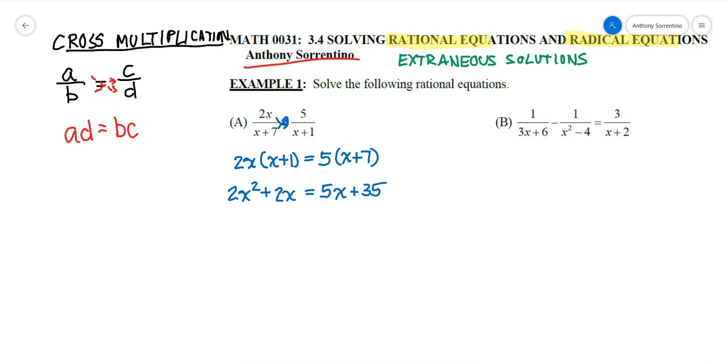I do have a degree 2, and it's a non-basic one because I also have x terms in here that are going to stick around. They're not going to cancel out with anything. At this point, I would have to make a decision, which method do I eventually want to use? Do I want to use factoring? Do I want to use completing the square, or do I want to use the quadratic formula?